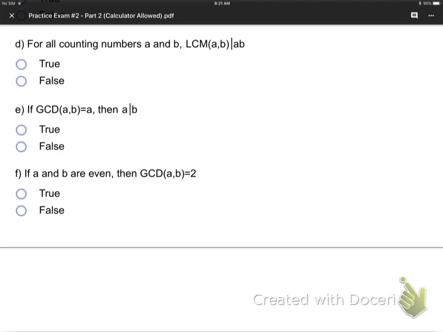All right, let's do one more, to make sure you're clear on that. Let me pick another number. Let's say A is 40, a bigger one, and B is 12. Okay, let's do the LCM and GCD.